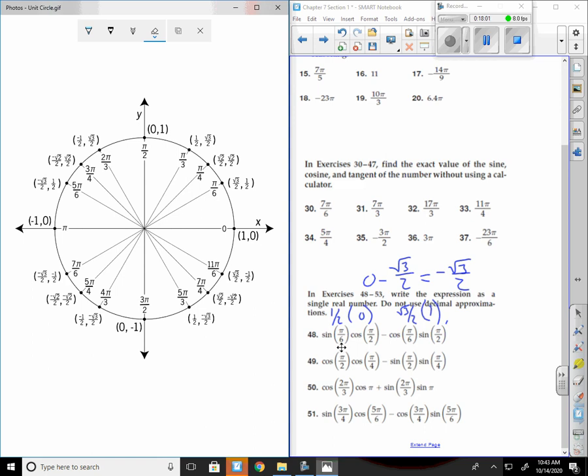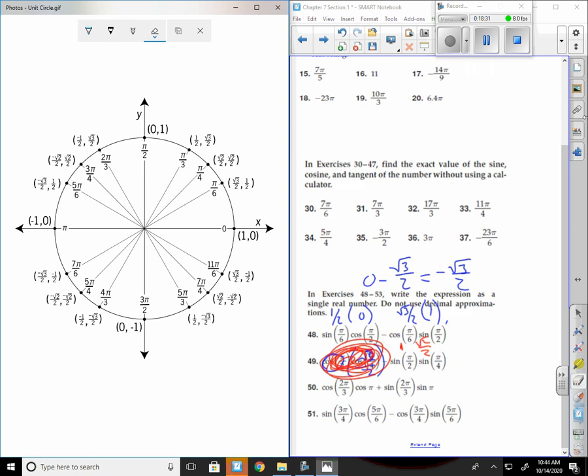Number 49, cosine of pi over 2, that's 0. Cosine of pi over 4 is root 2 over 2. Doesn't even matter. Multiplying something by 0, it's going to become 0. Sine of pi over 2 is 1. Sine of pi over 4 is root 2 over 2.